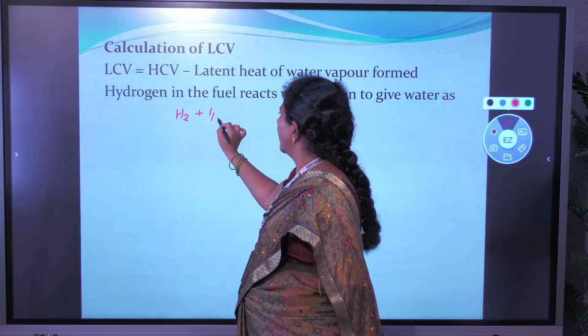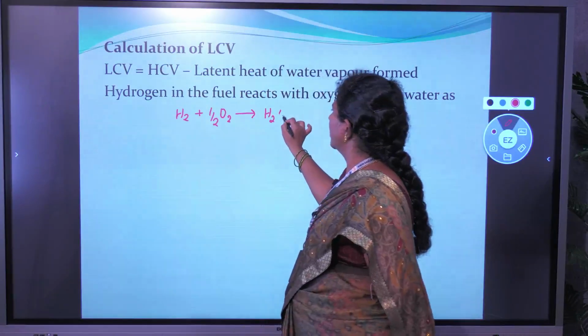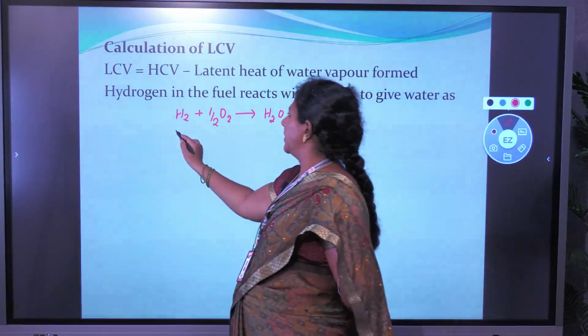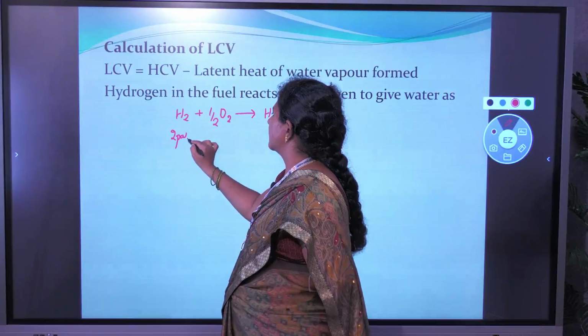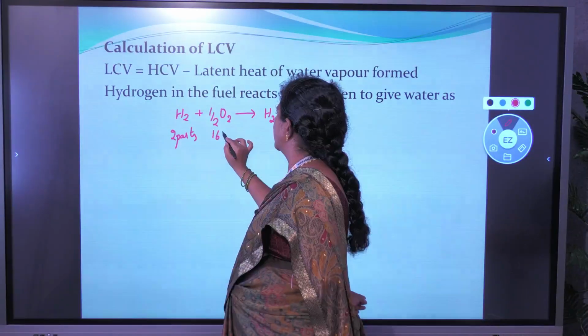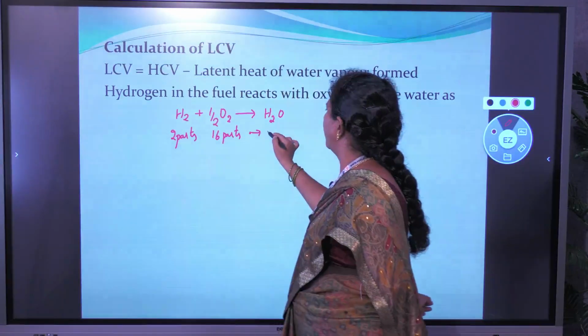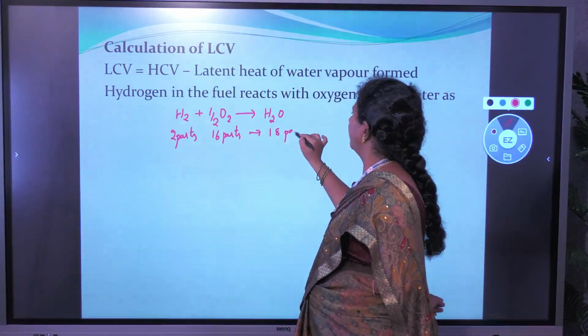H2 plus half O2 gives rise to H2O. That means 2 parts of hydrogen, 16 parts of oxygen will react to form 18 parts of water.